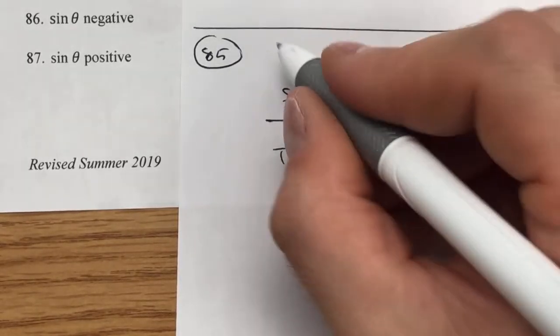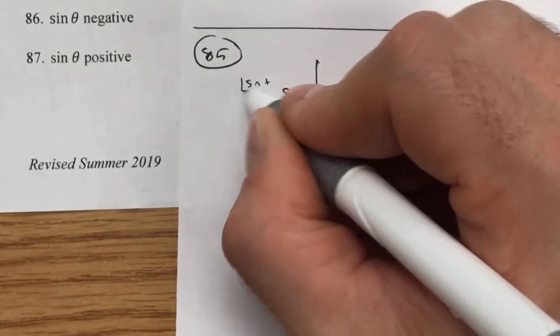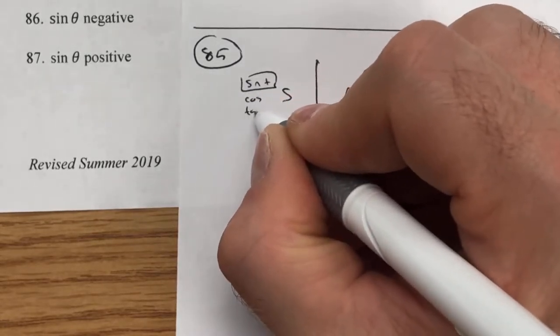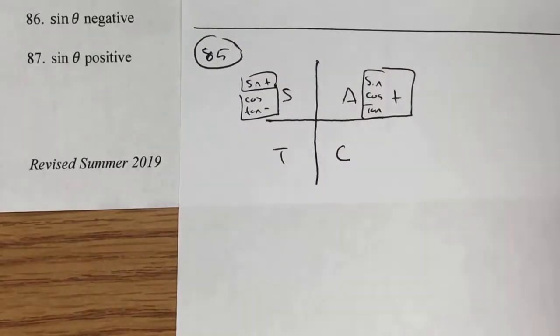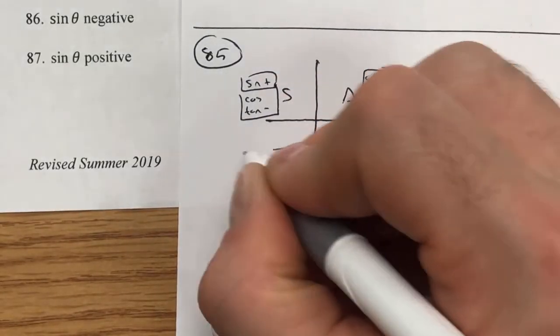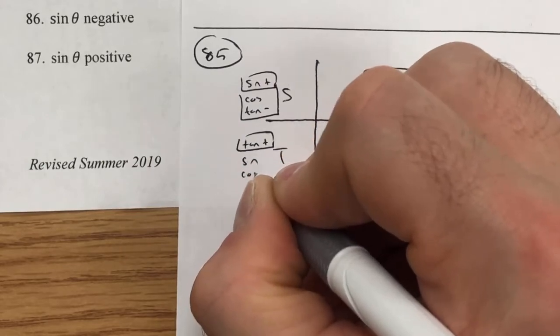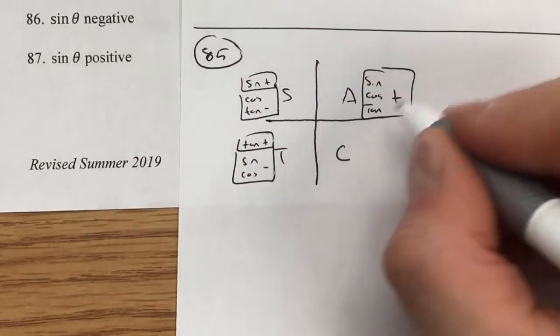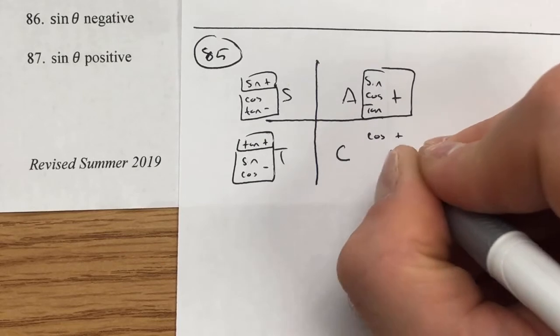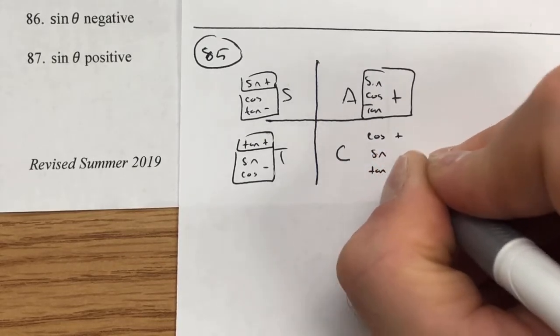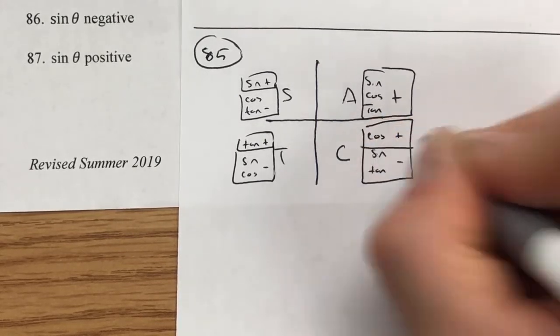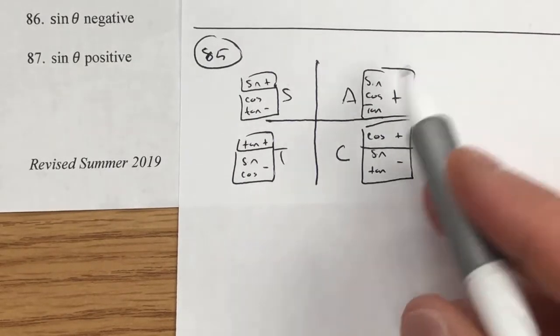In this one, the Students, only the sine is positive. The cosine and the tangent are negative. Take, so the tangent is positive, but the sine and the cosine are both negative. Calculus, the cosine is positive, but the sine and the tangent are both negative.